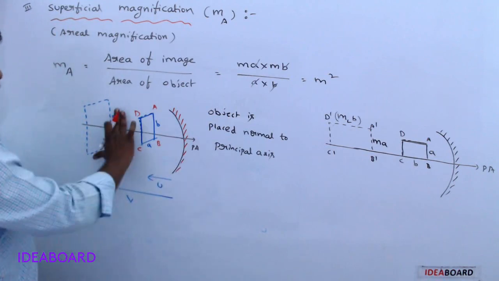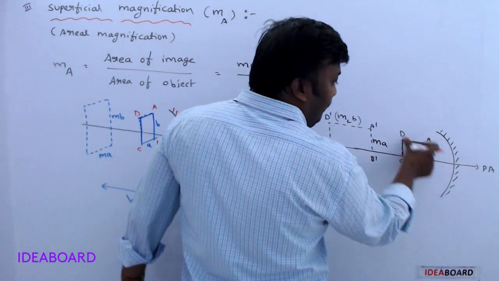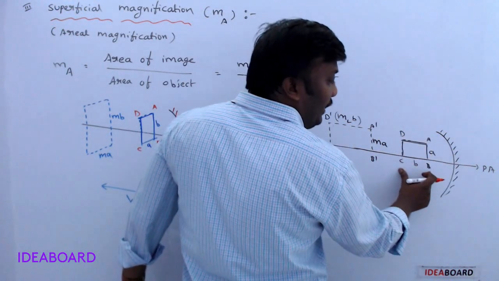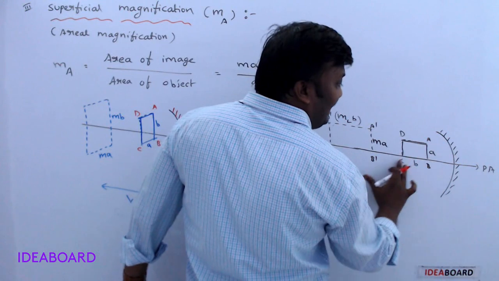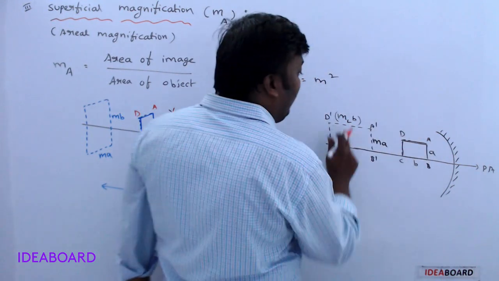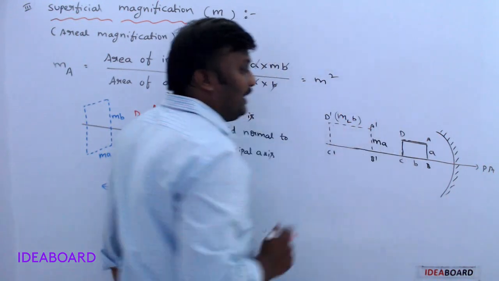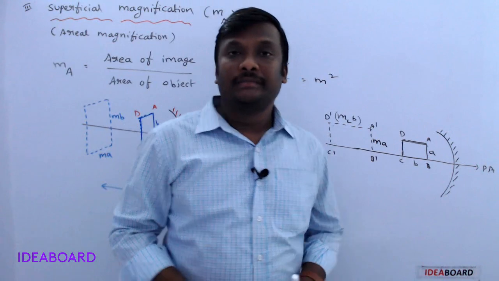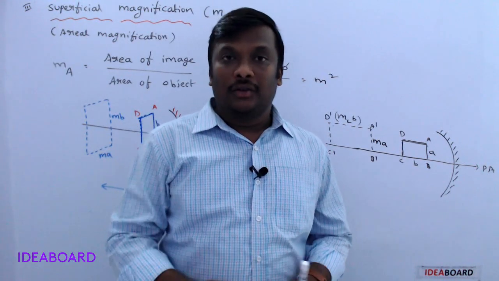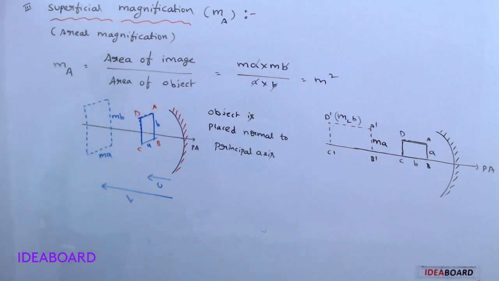That's why we got only lateral magnification. But here AB, CD are perpendicular to the principal axis, but BC, DA are parallel to the principal axis. That's why on one side you take the longitudinal magnification, on the other side you take the lateral magnification. So this is the third one, called superficial magnification. Understand now? Note it down.